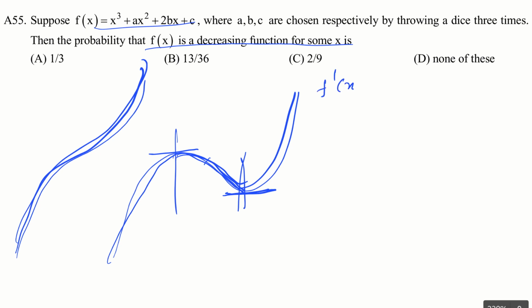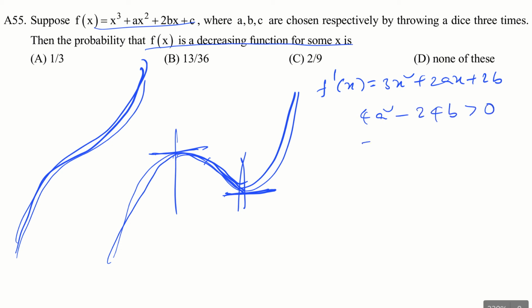I have f dash of x is equal to 3x square plus 2ax plus 2b. Now we want this to have real roots. So the discriminant must be greater than 0, because I want two distinct roots there. So the discriminant b square minus 4ac should be greater than 0.